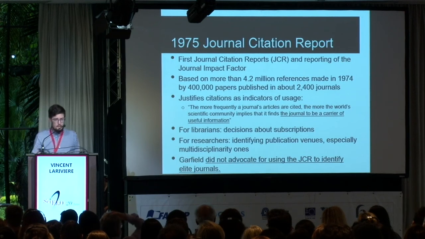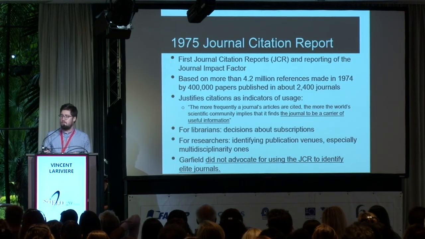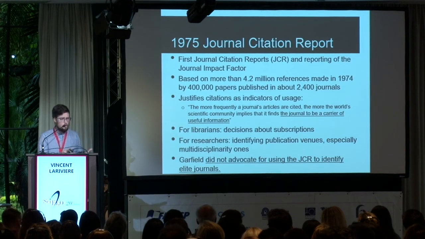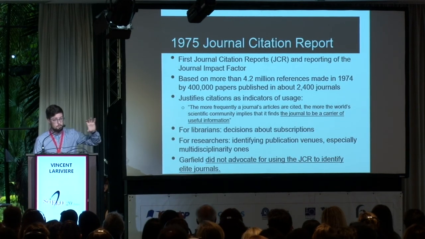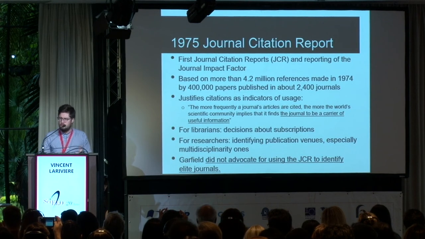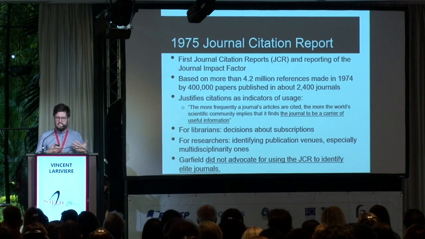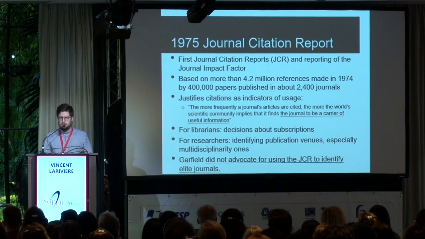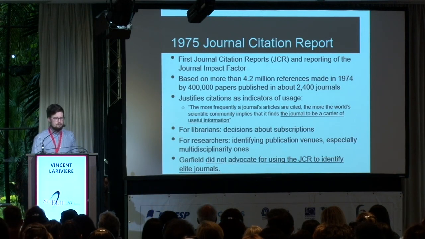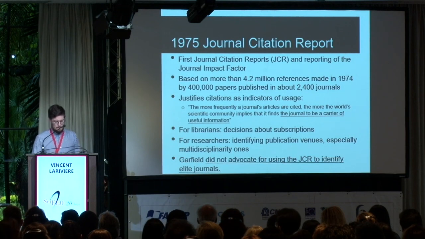A few years after that, in 1975, the first journal impact factor is produced, or one might say published, because it's in a huge book where you have all of the data tables. In the introduction of this big book, there are a few essays by Eugene Garfield that describe the interest, why he created a Journal Citation Report and a journal impact factor.